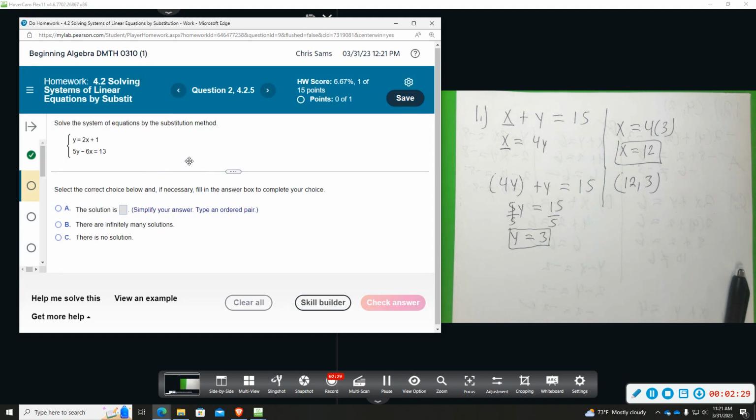All right, so number two, again, solve by substitution. This time, the top equation is already in the y equals format. So I'm going to substitute 2x plus 1 in the place of y because that's equal to y in the second equation.